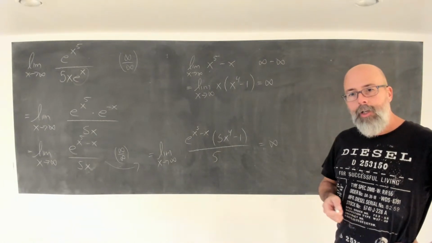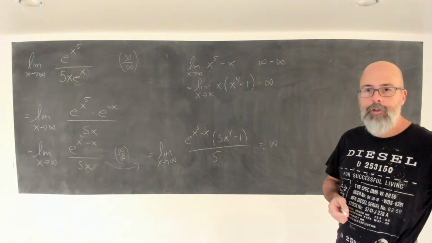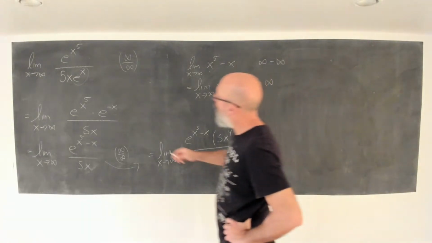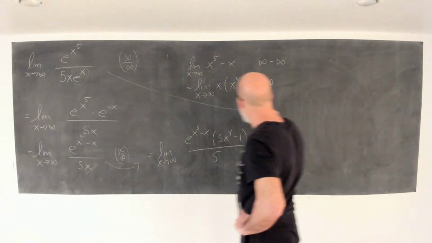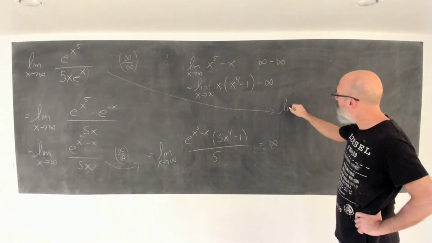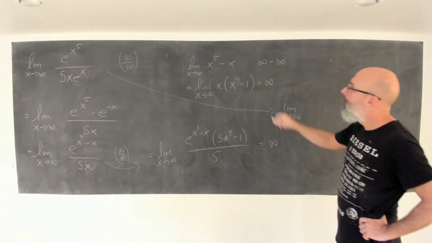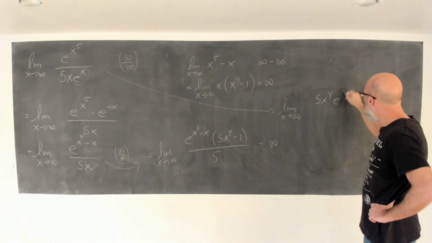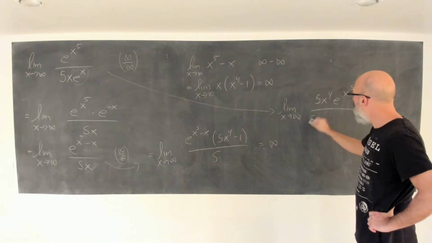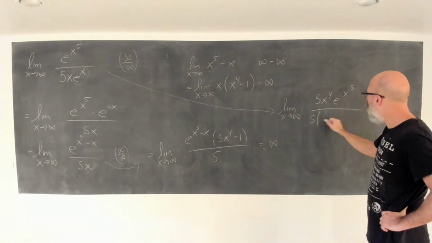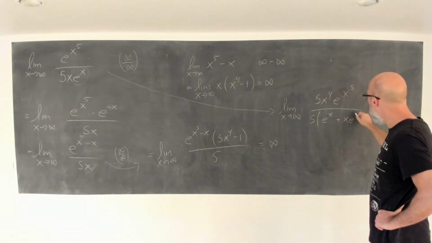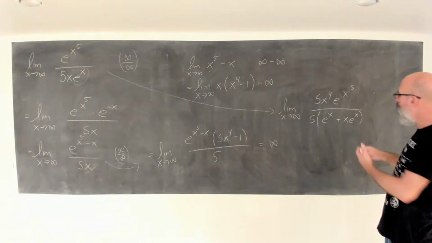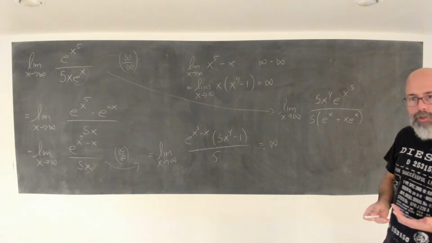Jennifer's asking, how did I know not to use L'Hopital's rule right away? I didn't, but if you use L'Hopital's rule right away, you see what's happening. Right at the top, 5x to the 4, e to the x to the 5. And the bottom, if you leave the 5 outside, you get e to the x plus x e to the x. And the point is that it's getting worse.